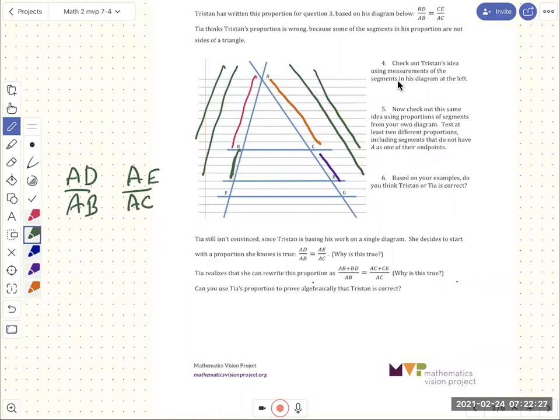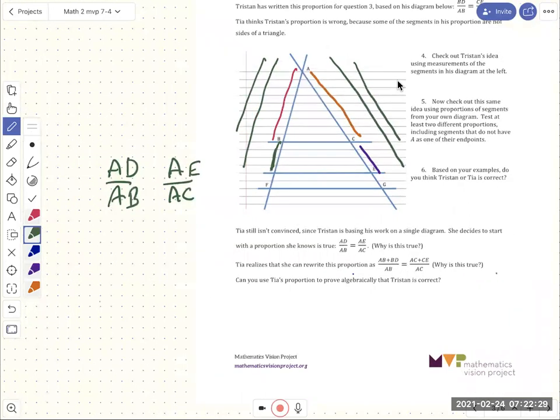But we can use that same idea, that we can break it up, right? So what is AD? AD has two parts. It has AB plus BD. So it has the short side and the extension compared to the short side. And on the other side, AE can be written as AC plus CE.